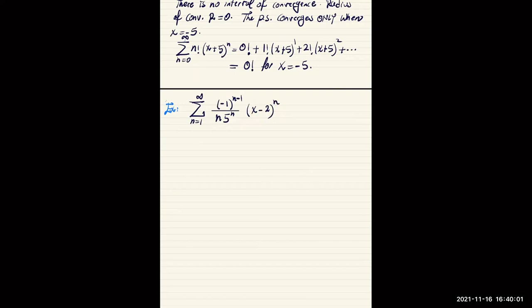Again, you can try and speculate, guys. We can try and predict in advance. You don't have to. You can just go ahead and do the math. But what you want to do is try to find x so that x minus 2 to the n over 5 to the n will give you a base, right?